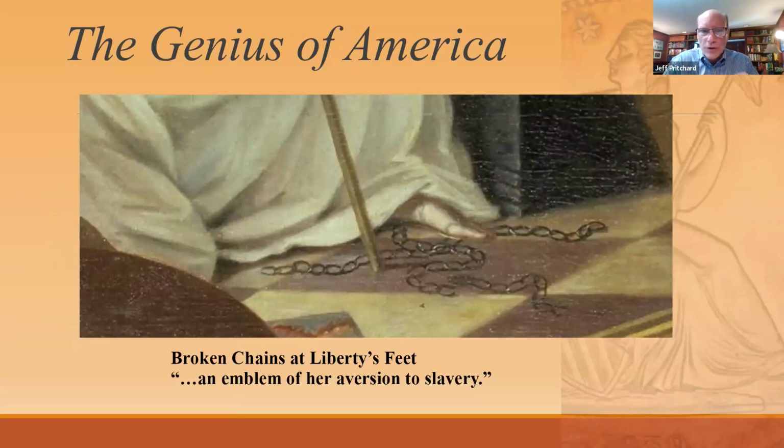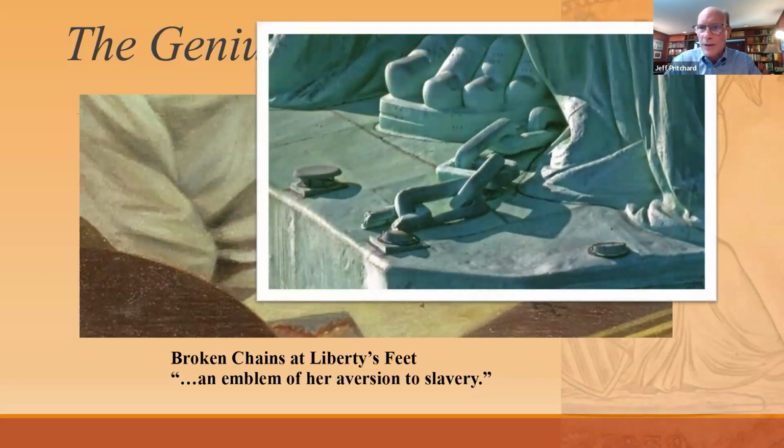But in Jennings' own words, this is to represent an emblem displaying Liberty's aversion to slavery. And an interesting side note, this same symbolism of broken chains at the feet of Liberty, less known to many people, was carried forward, and they appear at the bottom of the Statue of Liberty in New York Harbor, broken chains.